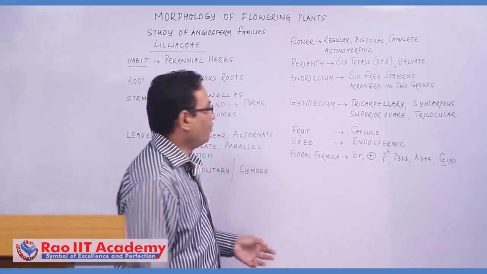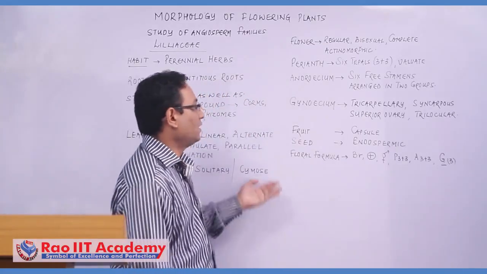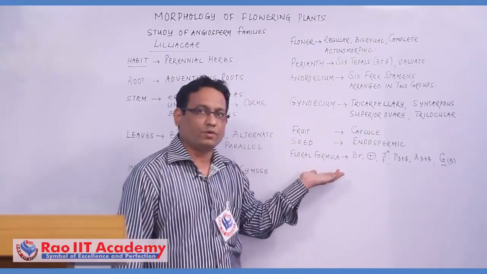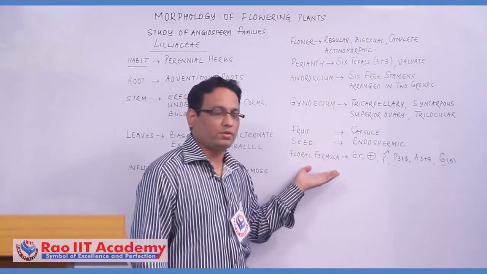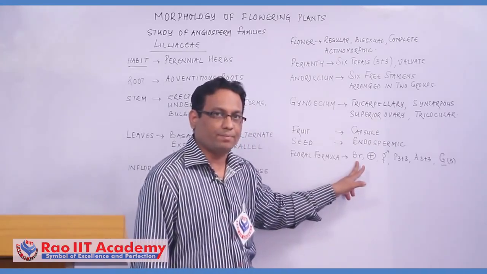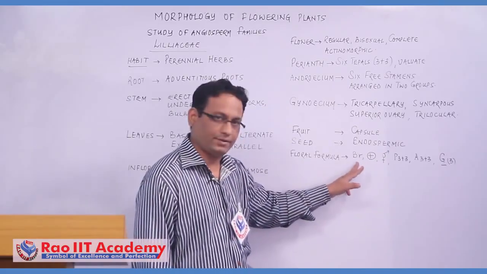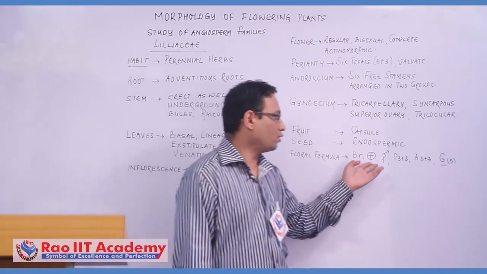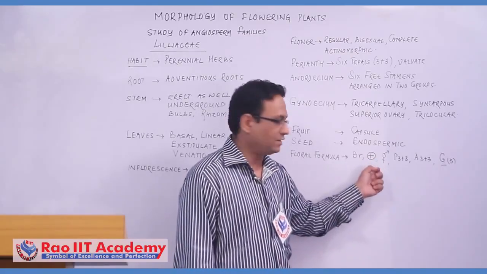Now, as before, all these characters are once again summed into a floral formula. This floral formula explains one feature which says that the flowers are covered by a bract, hence making them bracteate. Further, the regular bisexual condition remains as it is.